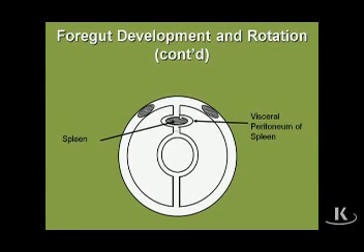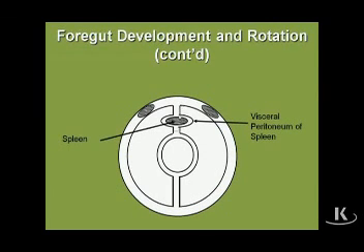So that line that a moment ago we were calling dorsal mesentery of the stomach, it's the same line, but we're now changing its name to visceral peritoneum of the spleen because that's what the rules of nomenclature require that we do. So not only is the spleen derived from dorsal mesentery of the stomach, the visceral peritoneum of the spleen is also derived from dorsal mesentery of the stomach.